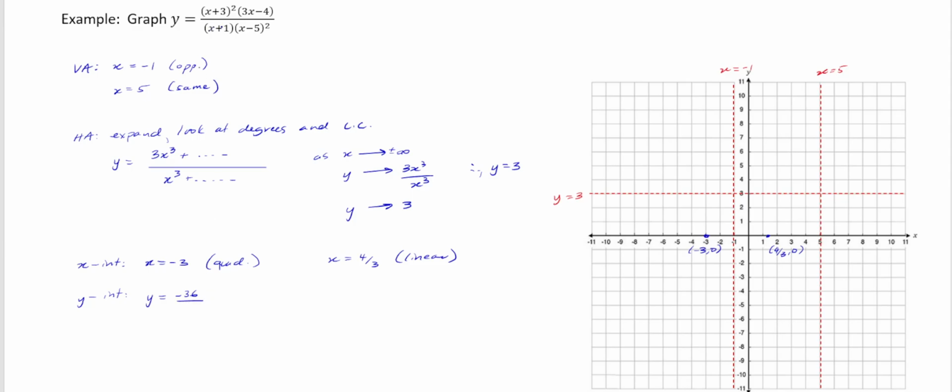In the denominator I'm going to get 1, and then -5 squared is 25, so 25. So -36 over 25, which as a decimal is approximately equal to -1.44. So somewhere around here. So 0, -36 over 25.